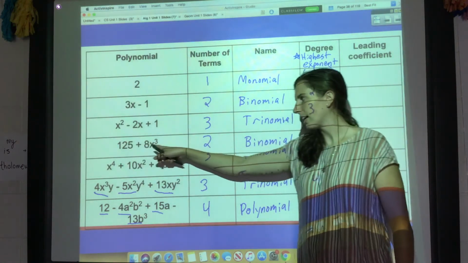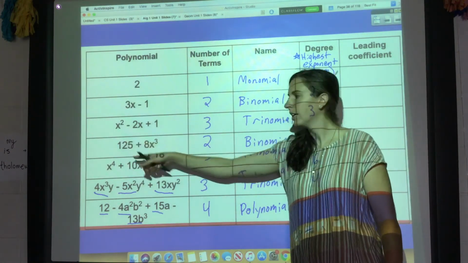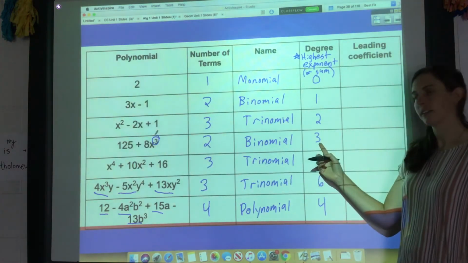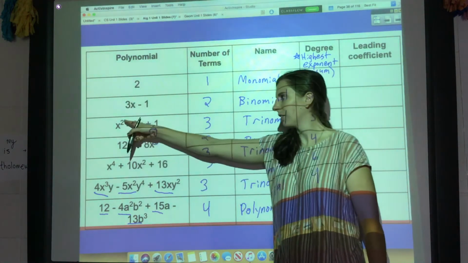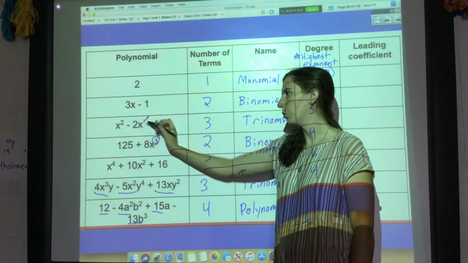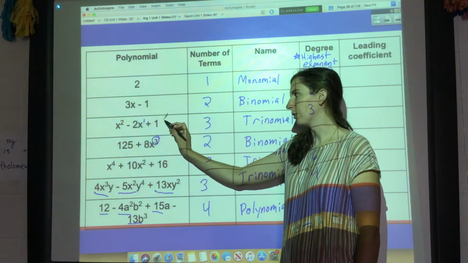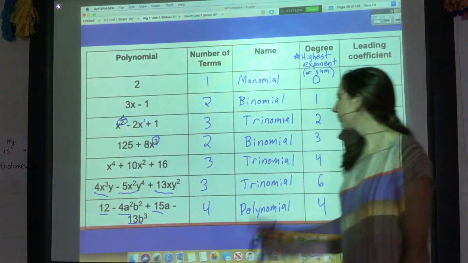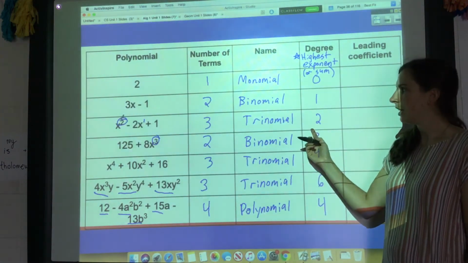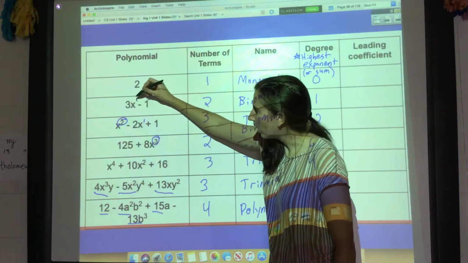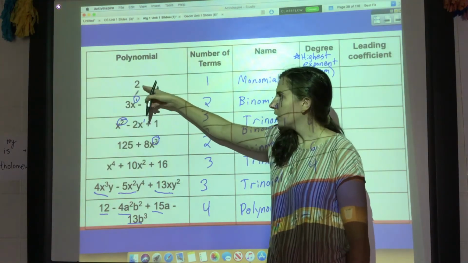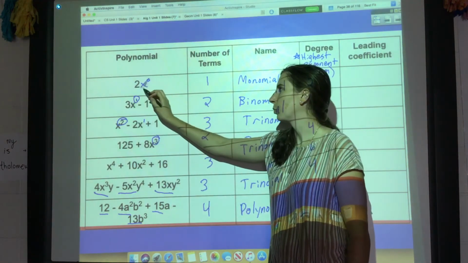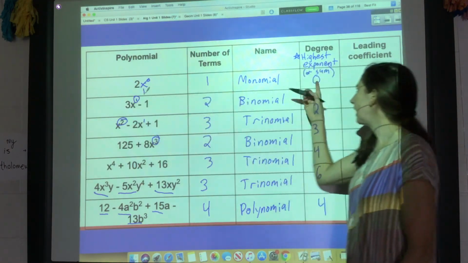Do you see how the highest exponent, that one doesn't even have one, the highest exponent is 3? That's the degree. This one has an exponent of 2 and an exponent of 1 and an exponent of 0. And so the highest would be 2. And there you go. This one has a 1, that's the degree. This one, technically there's an x to a 0 there, which is just a 1. So this one has degree 0.